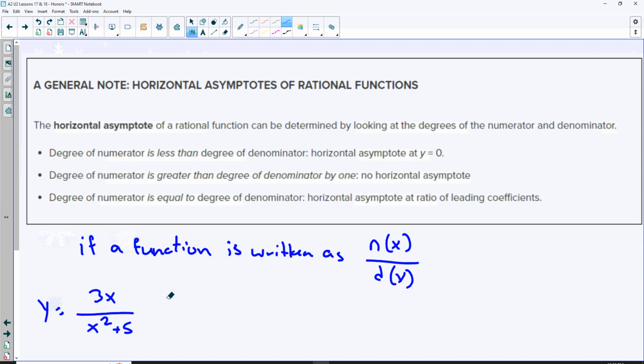You're going to get big over huge plus 5, because x squared is the biggest term in this expression. It's got the highest exponent, so it's going to have by far a much, much larger value than any of the other ones in the expression. So it's going to become essentially 0 over number. And so the horizontal asymptote will be 0.